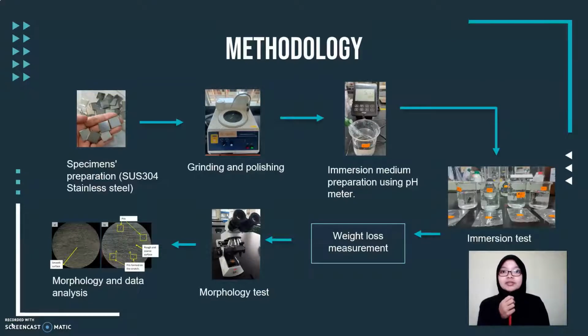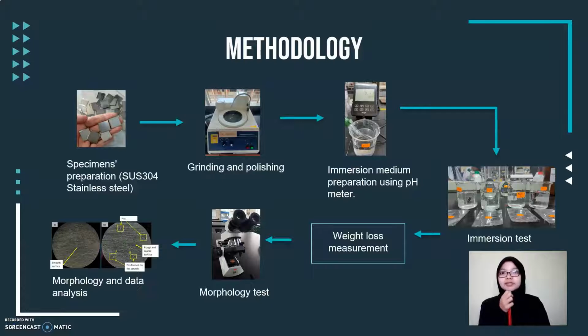Then the samples were subjected to a cleaning process with ethyl alcohol to remove dirt and any grease or oil and then dried. Then the initial weight was recorded for each sample.